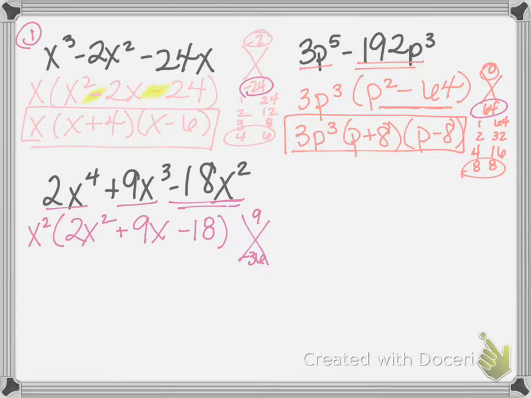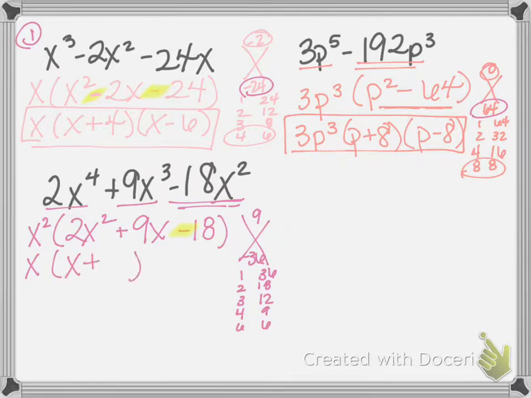So again, I do my factors of 36. I go to 1 and 36, 2 and 18, 3 and 12, 4 and 9. 5 doesn't work. I can do 6 and 6, and then that's it. So every single piece I can set up. Again, from my expression, I can see that this sign tells me that my signs are going to be different.